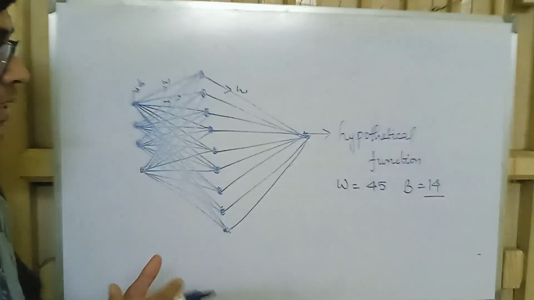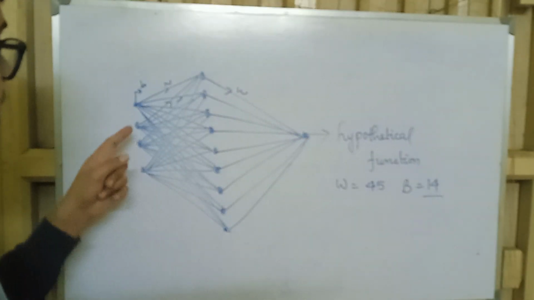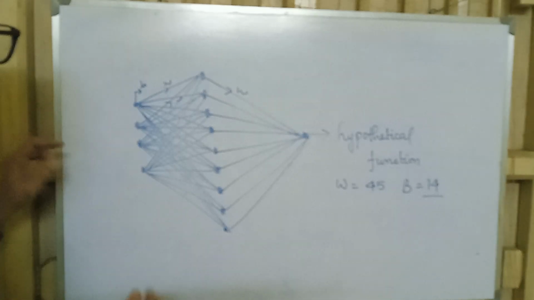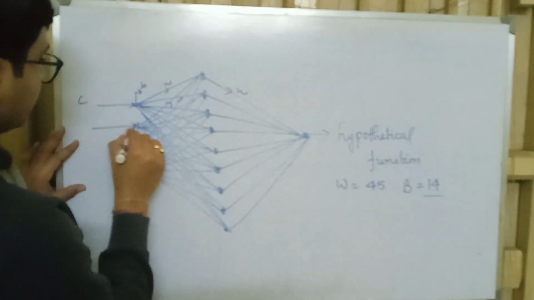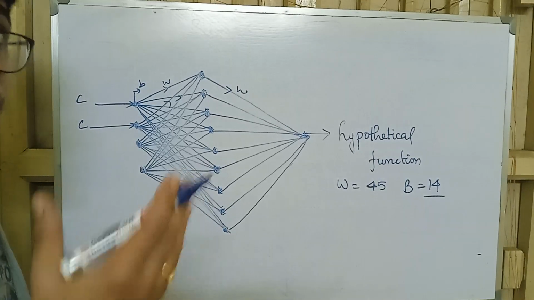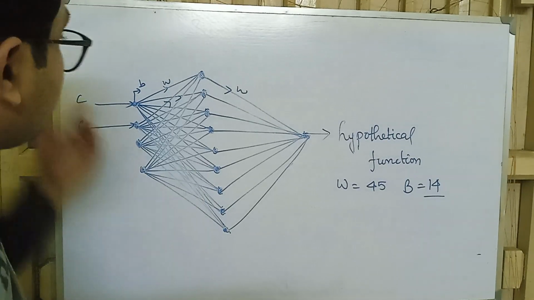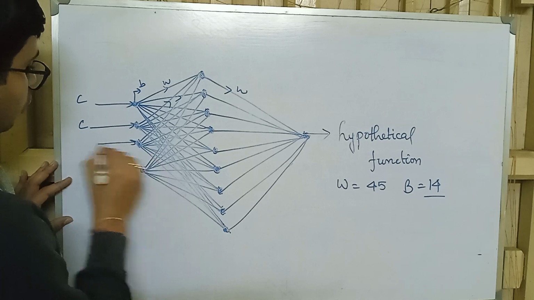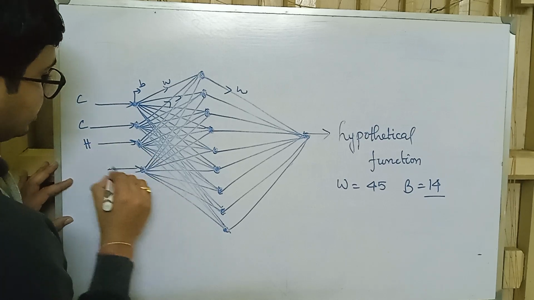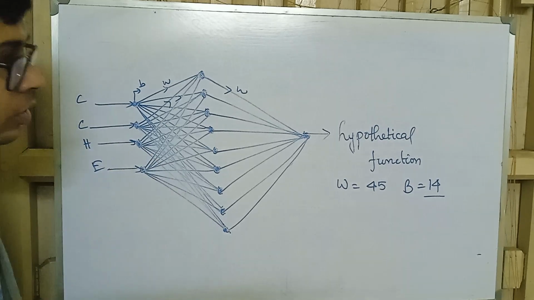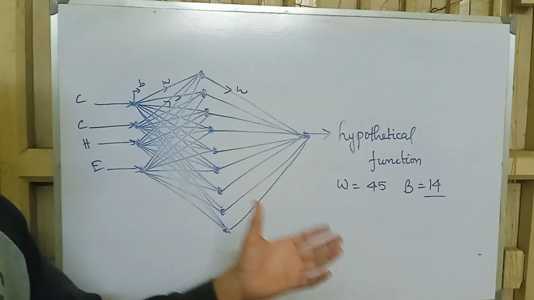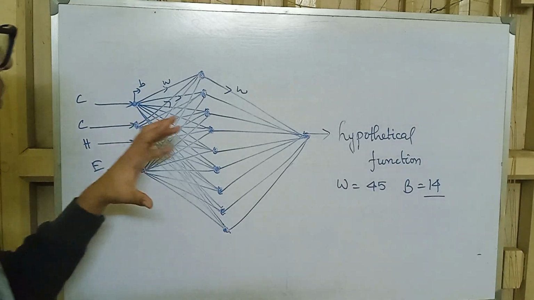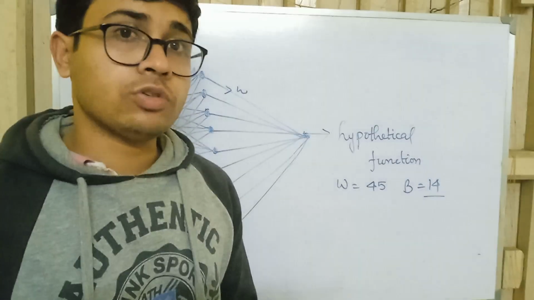These weights and biases will be determined by the input features we have extracted: correlation, contrast, homogeneity and energy. Those features we now put here, the weights and biases will be given, and the hypothetical function will be constructed.